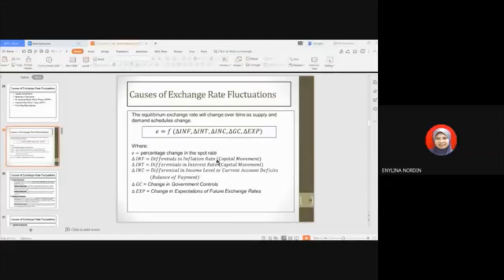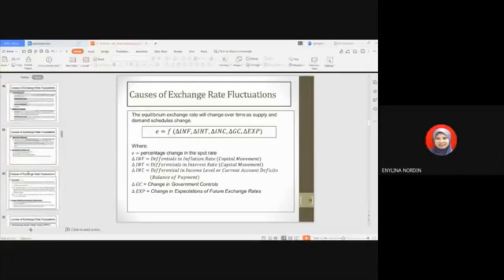So the changes in inflation and interest rate factors are actually explained in detail, how these two factors influence the exchange rate, via the theories called PPP and IRP.